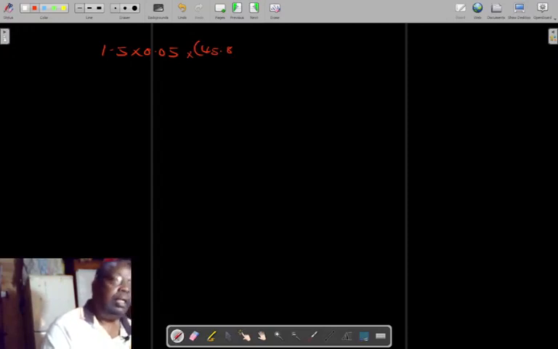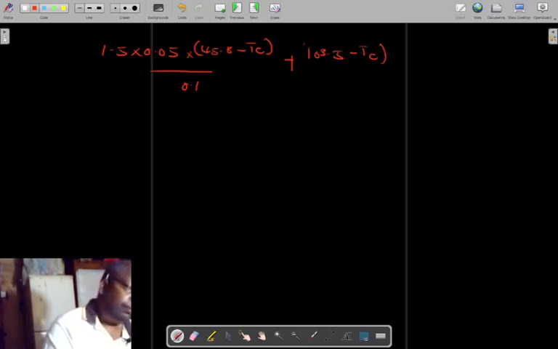That's why we have 0.05 divided by 0.1, plus (103.5 minus Tc) times 0.1 times k, and k is 1.5, divided by 0.1.